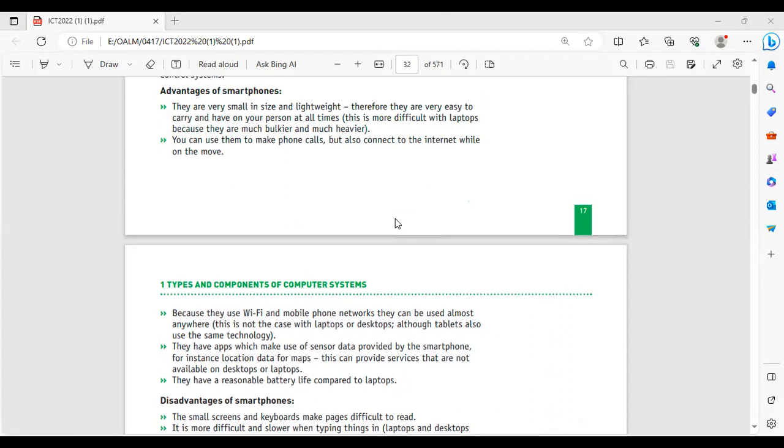Yes, sir. So they're very small and lightweight, which means they're portable. That means you can carry them around wherever you want. You can make phone calls and also connect to the internet while on the move. Because of Wi-Fi and mobile networks, they can be used almost anywhere, and they have apps which make use of sensor data.